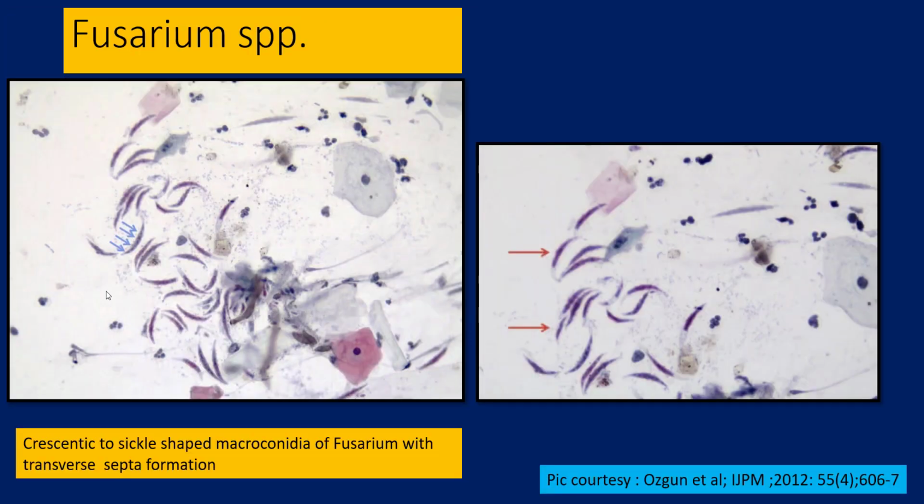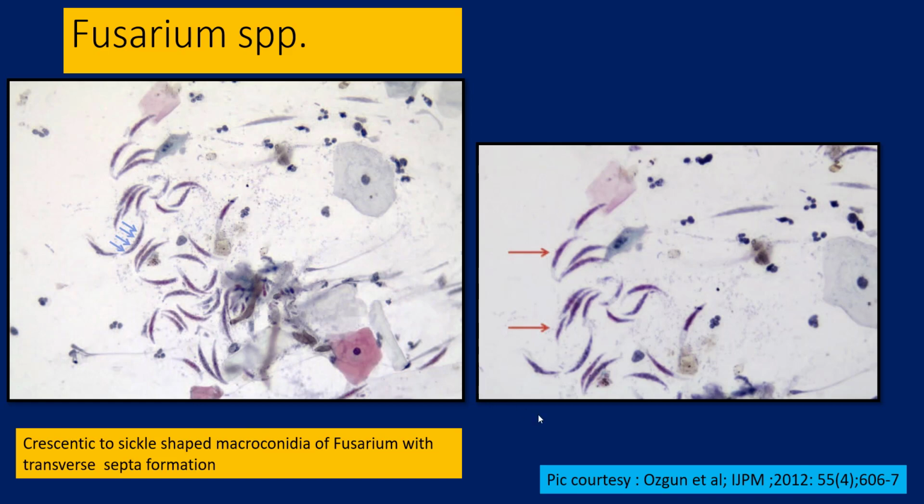This one is a very interesting fungus, Fusarium, and if you know what they look like, they can be easily picked up because they have a very distinctive appearance, and that appearance is shown here as crescentic to sickle-shaped macroconidia of Fusarium with some transverse septation.